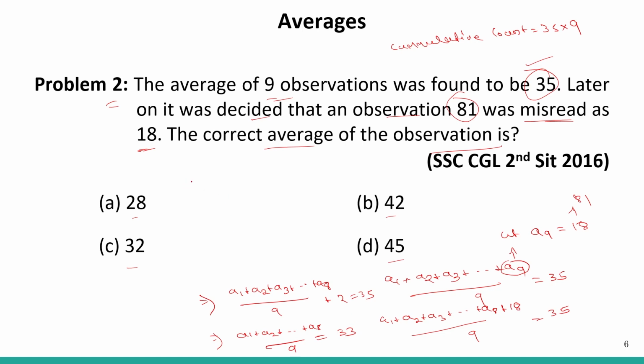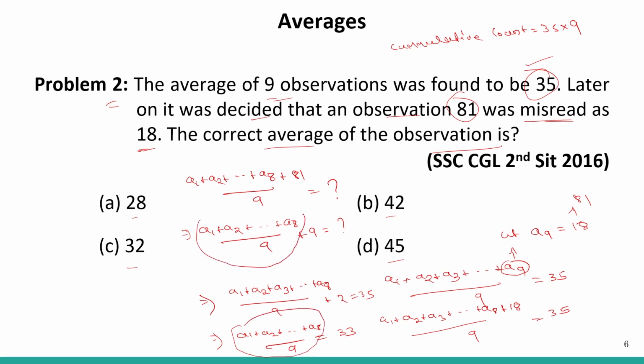We want to calculate A1 plus A2 plus dot dot dot plus A8 plus 81, whole by 9. So the correct average of the observations will be A1 plus A2 plus dot dot dot plus A8, by 9, plus 9. But just observe here that we have actually found this term.